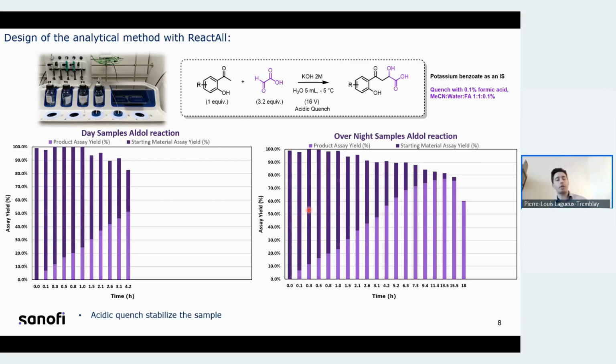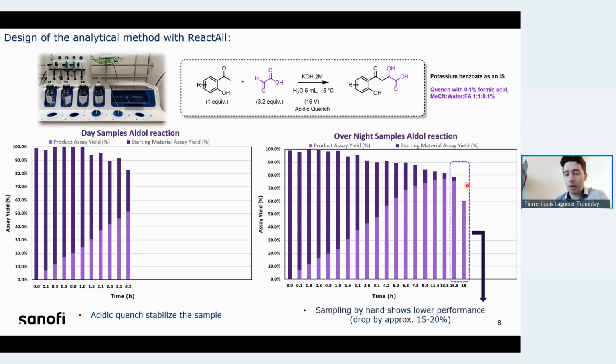So this was the first thing that we observed there, that the analysis could be very challenging, because even if you were to just take a sample and analyze it immediately, just the fact that the sample warms up in the presence of the base was enough to lose important information in the data. And we can see here the last data is a comparison between sampling by hand and sampling through the ReactALL.